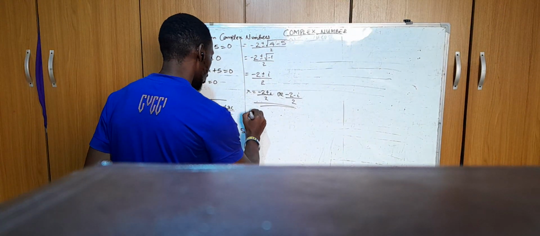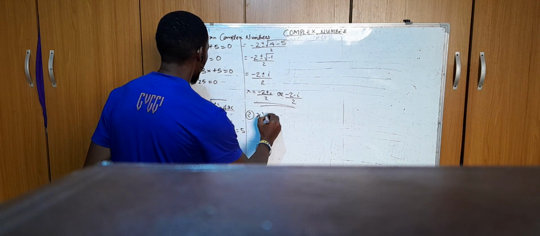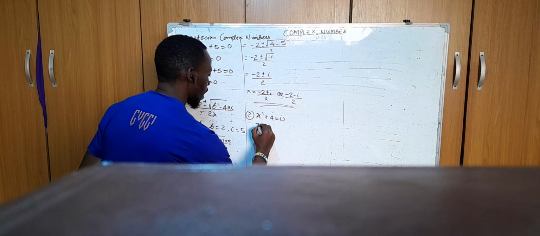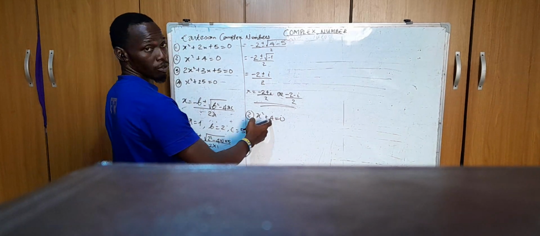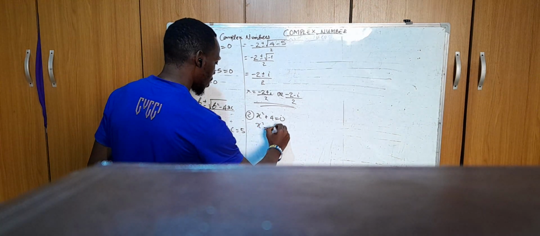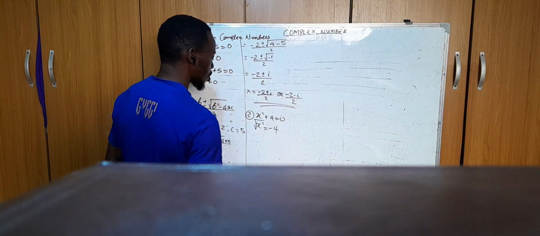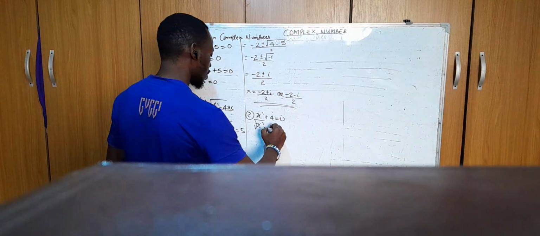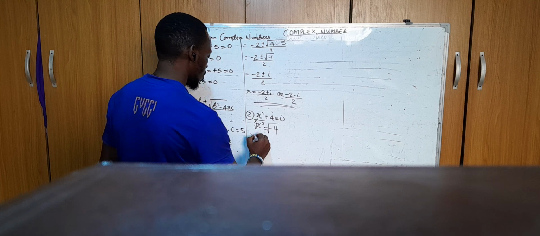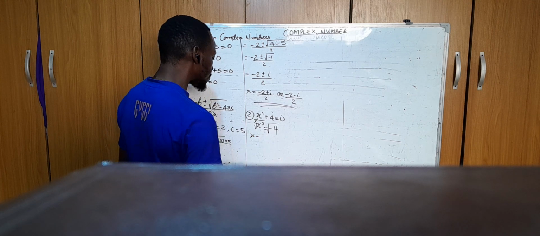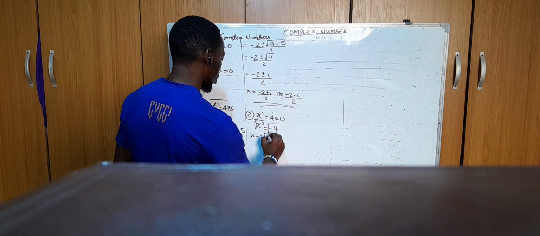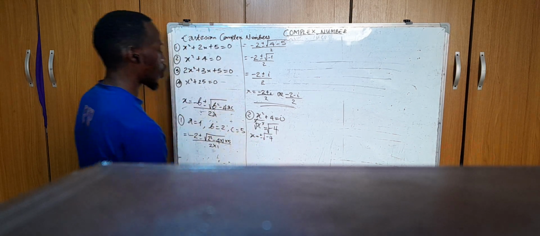Question 2, we have x squared plus 4 equals 0. So this is x squared. If plus 4 goes to the other side, it becomes negative 4. So x squared equals negative 4. Take the square root of both sides. The square root cancels the square. So we have x equals plus or minus the square root of minus 4.